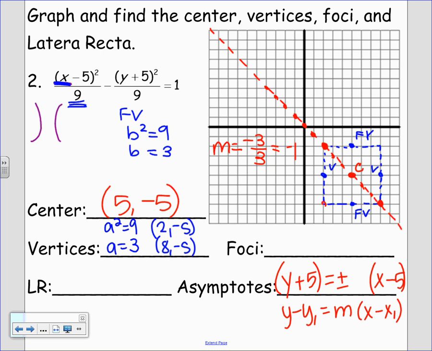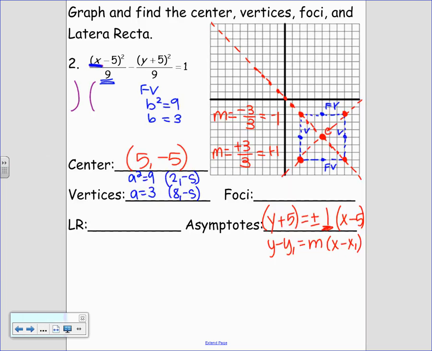And if I do the other one through the corners, I'm going to go through that corner, through the center, through the other corner, and it's going to go up 3, over 3, up 3, over 3. So my slope here is a +1. So my slope for my asymptotes is ±1.